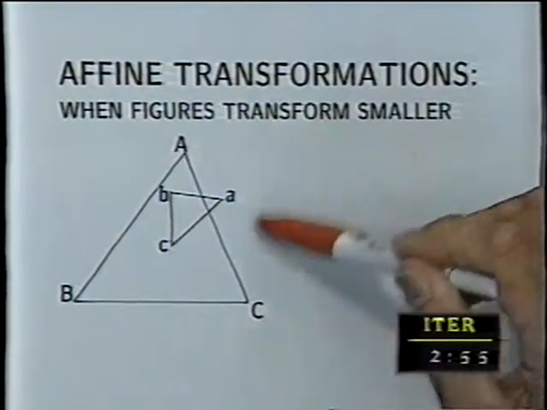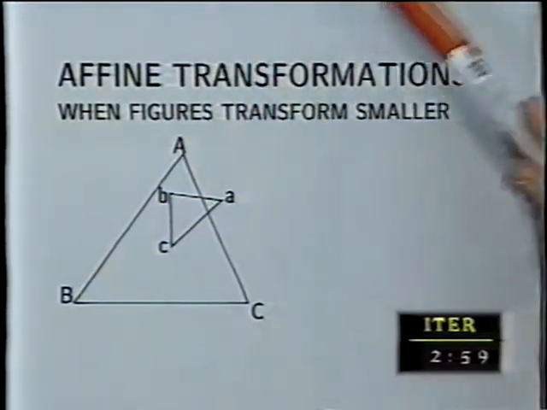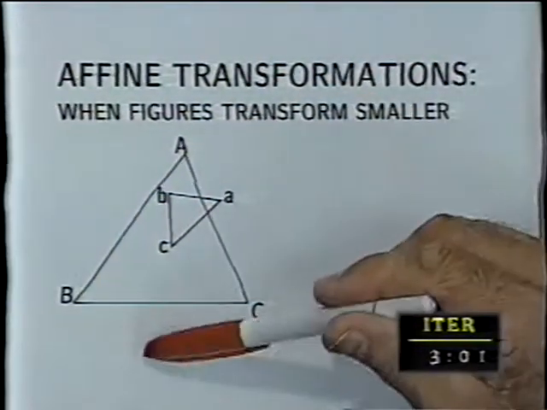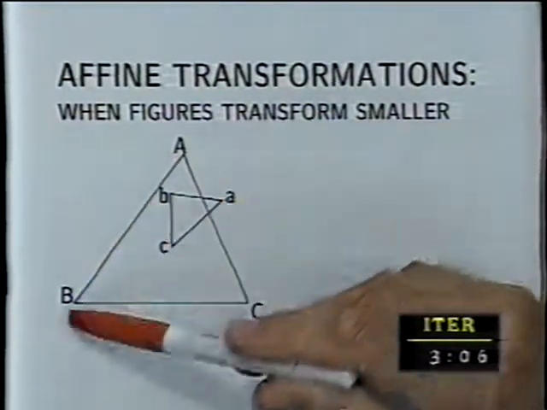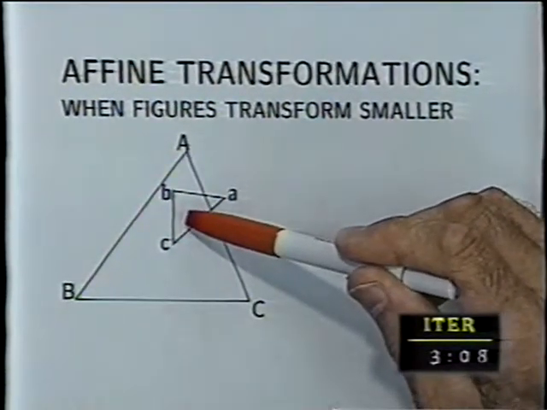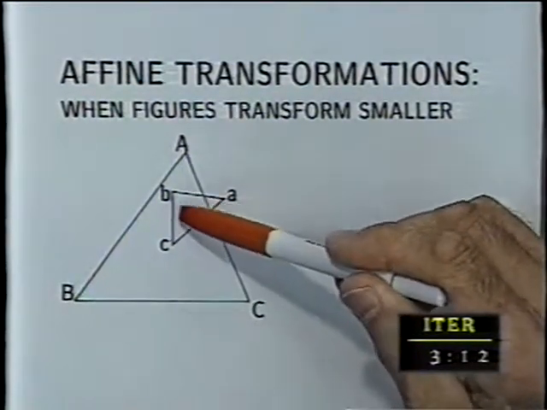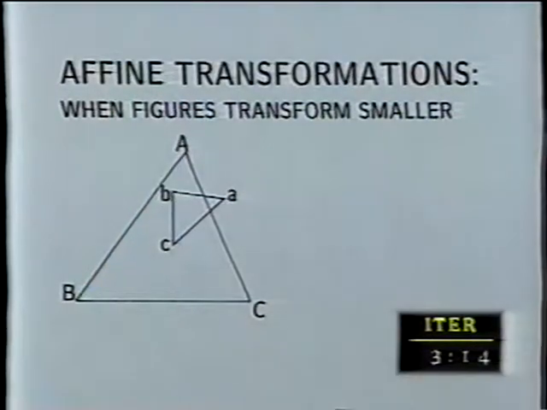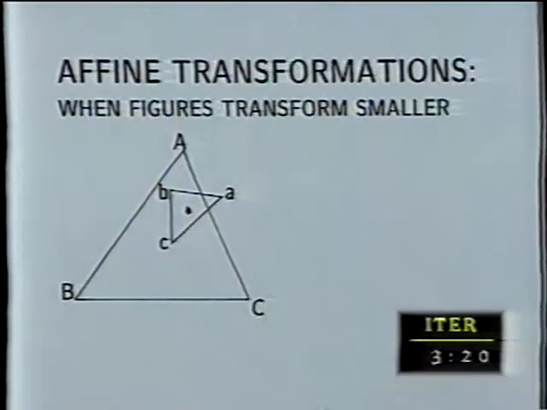If you make one little triangle into a bigger triangle, that triangle is going to get even bigger and bigger, and it's not going to converge. It's going to just run all over the place. But if you make a big triangle into a small triangle by your transformation, that is, every point in this triangle converges to some point in this triangle, then we say we have an affine transformation, and the answer is that we'll end up at some point, generally a point inside that thing there.